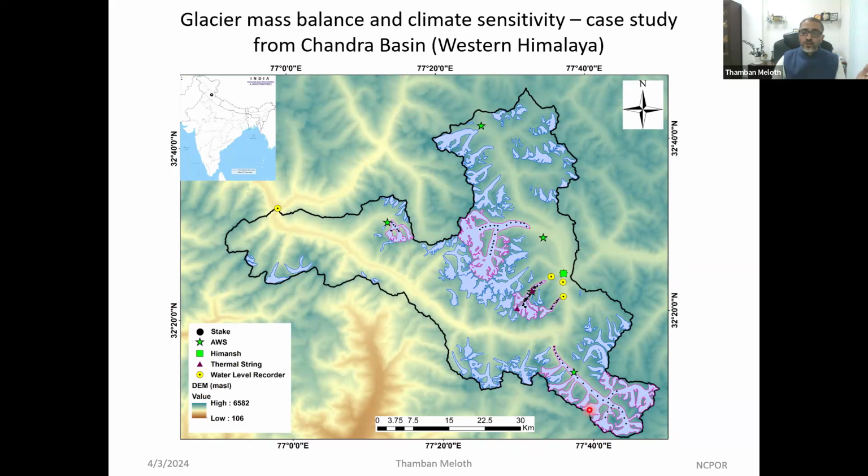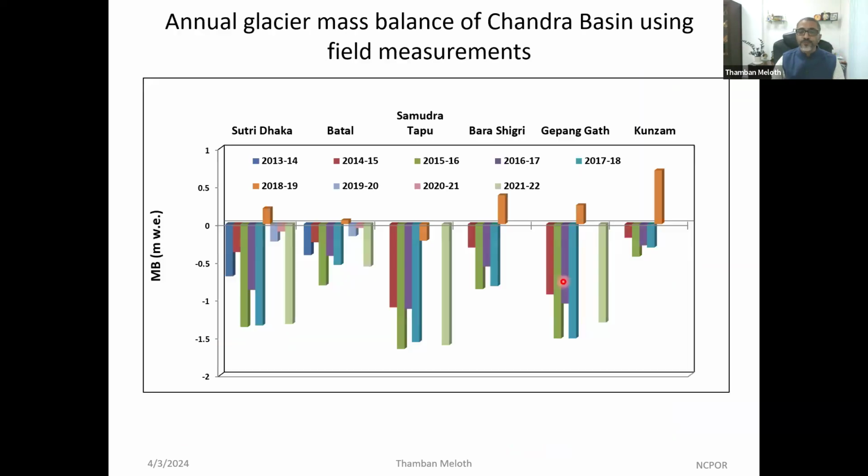We have been focusing on this particular basin for quite some time, with a lot of studies going on in the glaciers as well as downstream, on hydrometeorological factors, setting up several AWS systems and water level recorders to understand how much these glaciers are changing, how much they contribute to the water downstream, and what the basic hydrometeorological factors governing their health and future are.